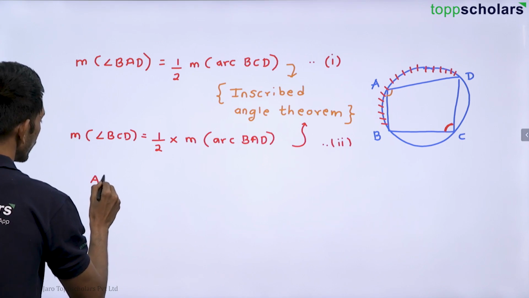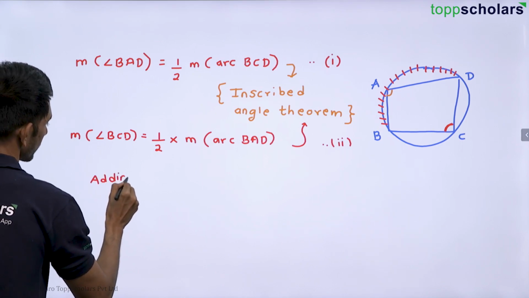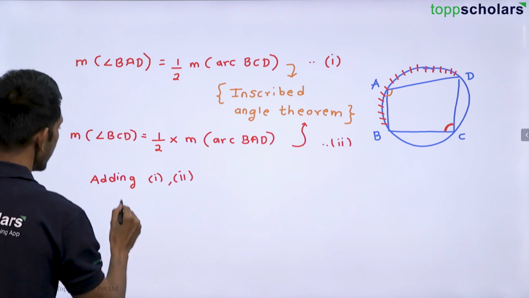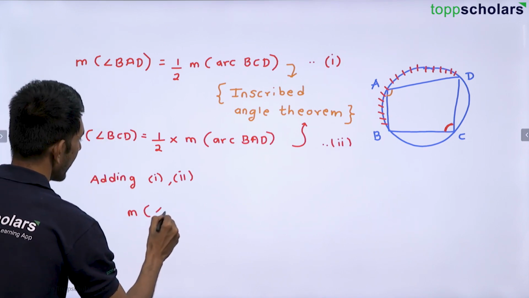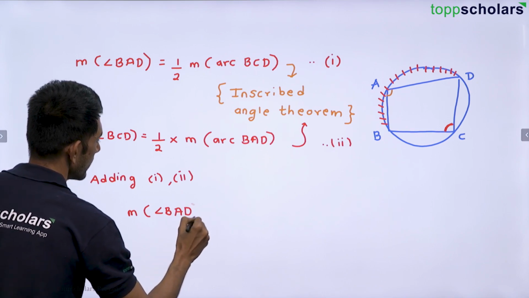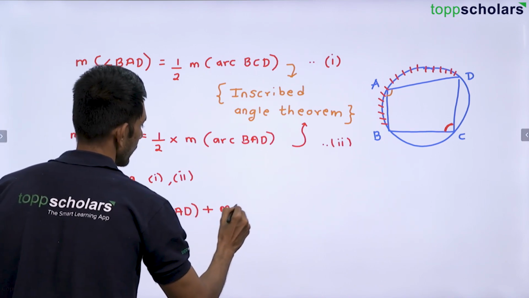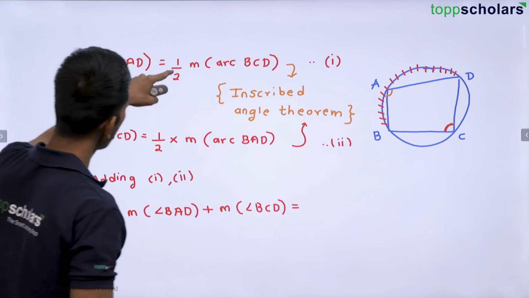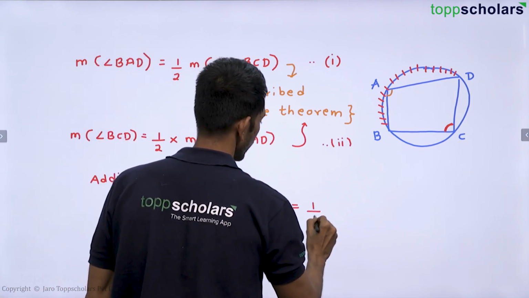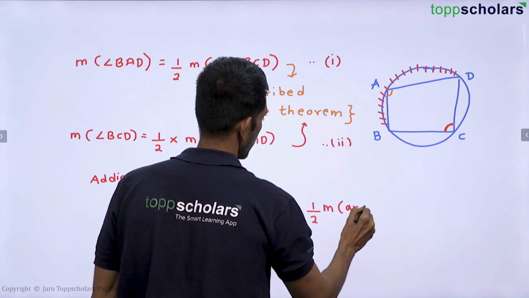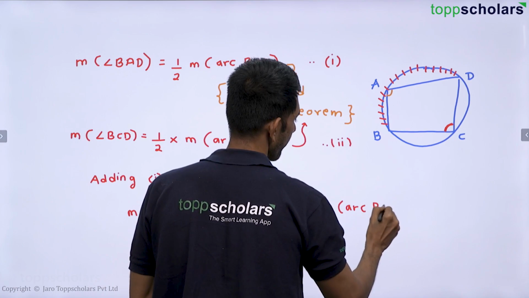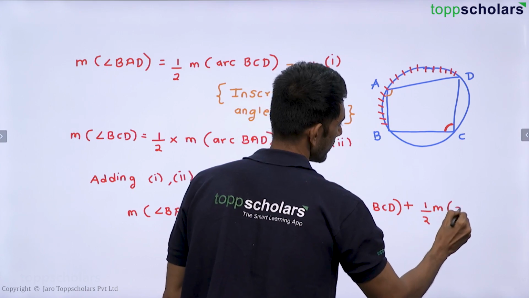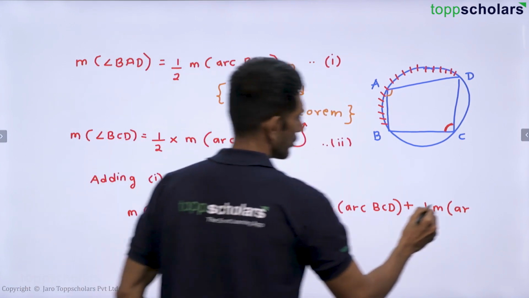So I'm saying adding 1 and 2, we get measure of angle BAD plus measure of angle BCD is equal to, this is half, this is half, so half of measure of arc BCD plus half of measure of arc BAD.